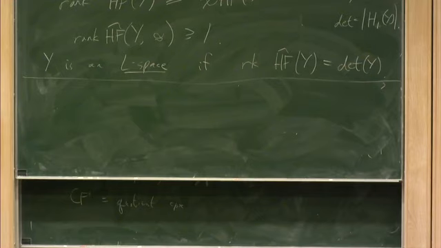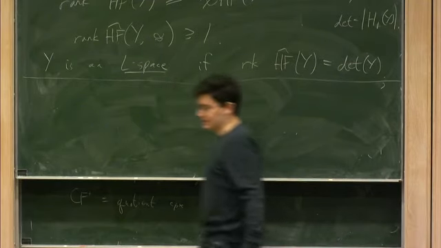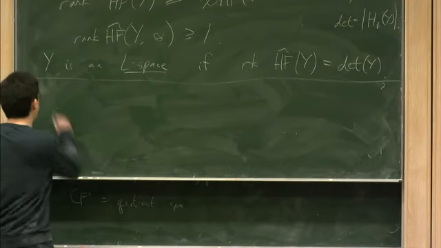Because if I have a chain complex, I can't have a differential from x to itself, because then D squared couldn't possibly be equal to 0. So automatically, when I see exactly the number of generators by this other characteristic argument, there can't be any differential.